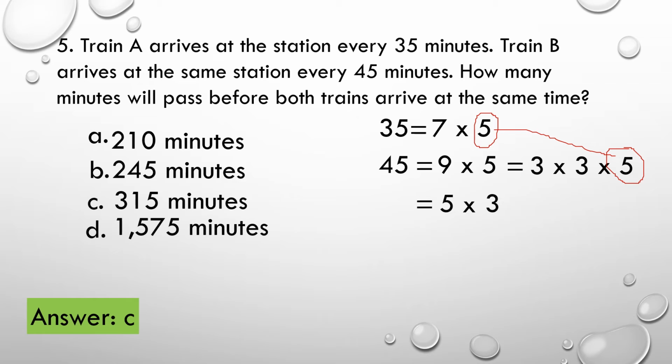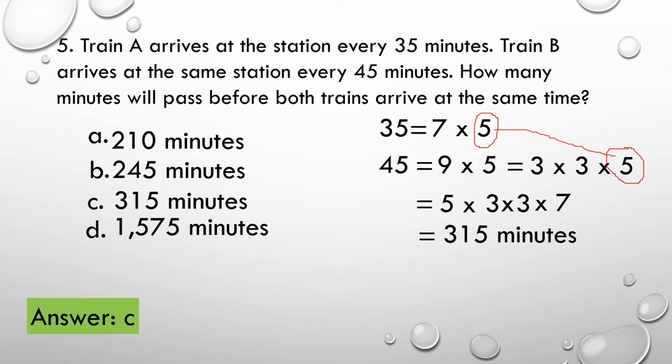So that is 5 times 3 times 3 times 7. And that is equal to 5 times 3 is 15, times 3, times 7, 315 minutes. Okay?